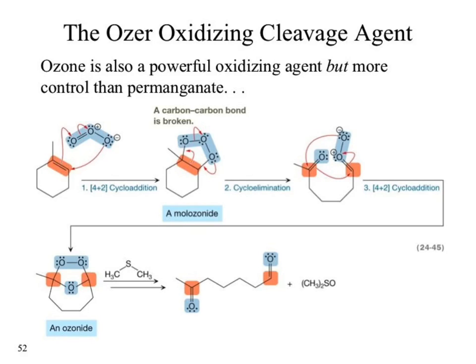So why might we choose to use ozone to do this reaction instead of permanganate? The ozone will leave me at the aldehyde. Permanganate won't. Ozone gives me control over the possible products. Permanganate just says do it. So we have those two different stages depending on what we're trying to do.